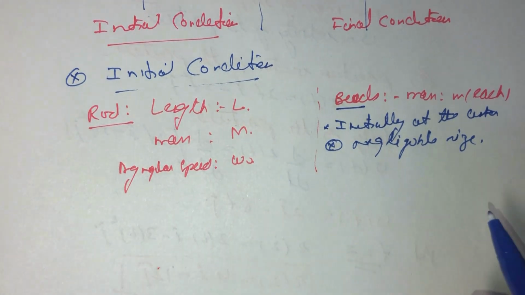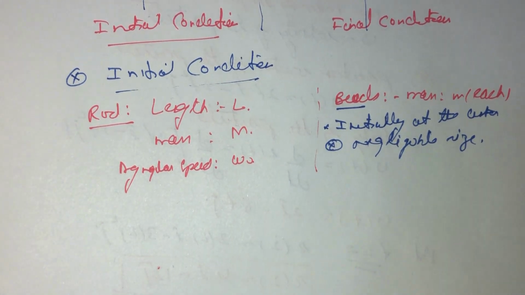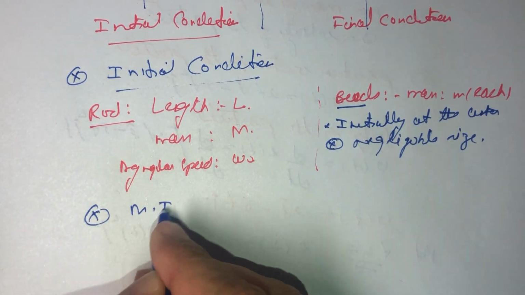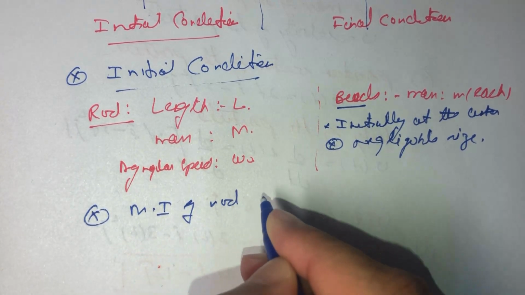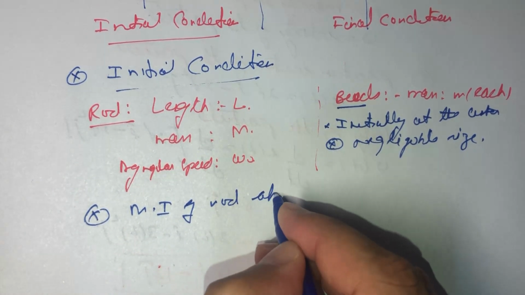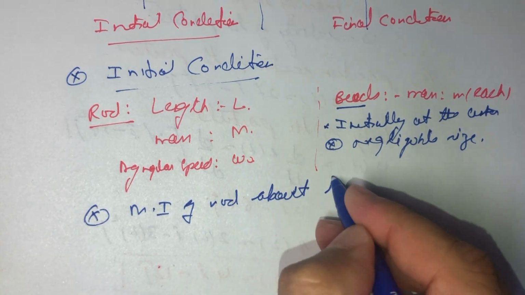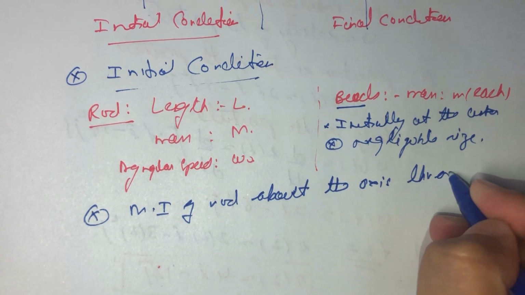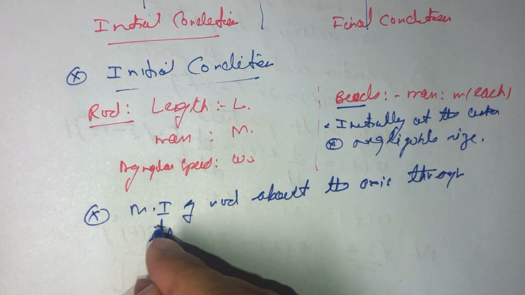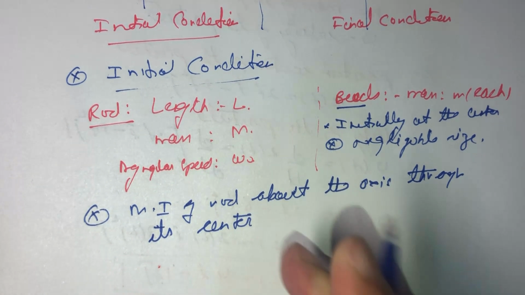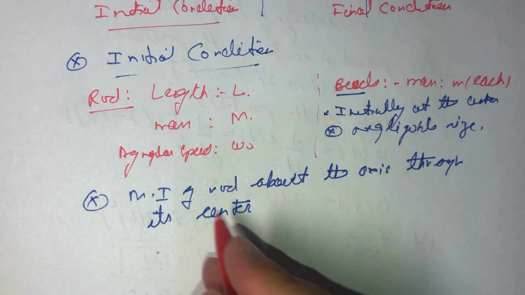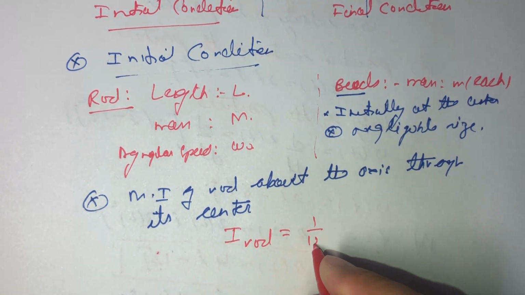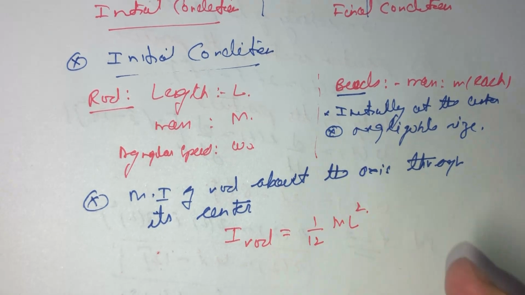So we know that the moment of inertia of the rod about the axis through its center, let us say I rod, will be equal to 1/12 ML square.